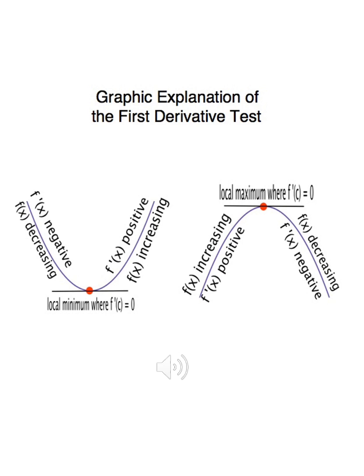So since f of x is decreasing, the first derivative is going to be negative, because it's measuring the rate of change of f of x.